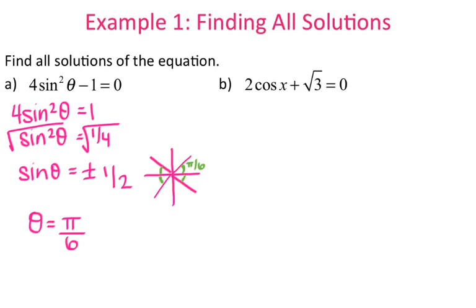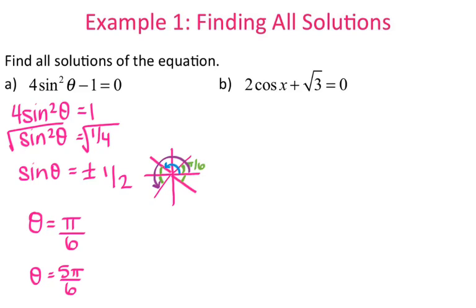So the angles I need to find is this. I have the pi over 6. The next one I need to find is this one. So that's going to be pi minus pi over 6, which is 5 pi over 6. The next one, which I'm going to do in purple, needs to be this angle.